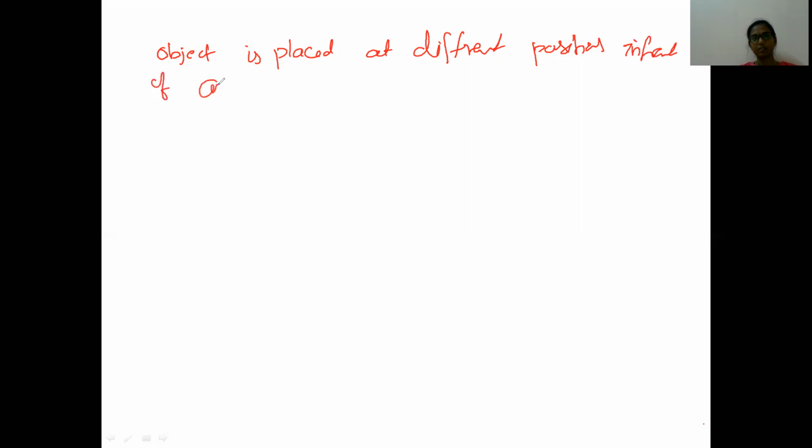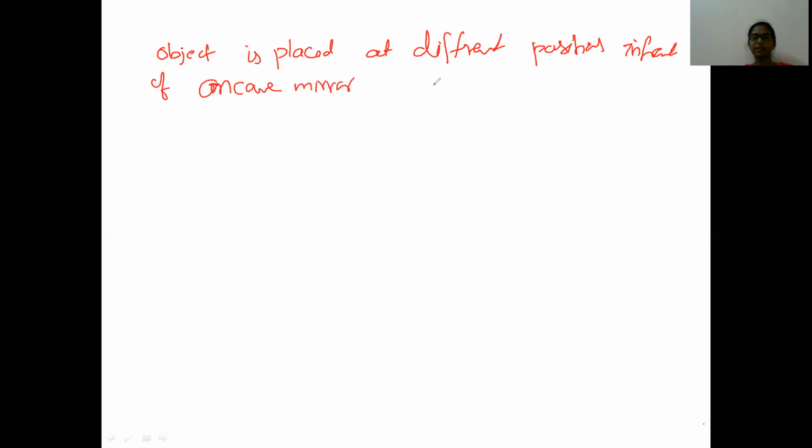In this video, we'll try to understand how the image will be formed, or what the characteristics of the image formed by a concave mirror are, when the object is placed at different positions in front of the concave mirror.